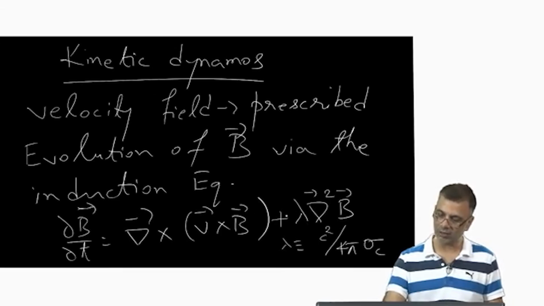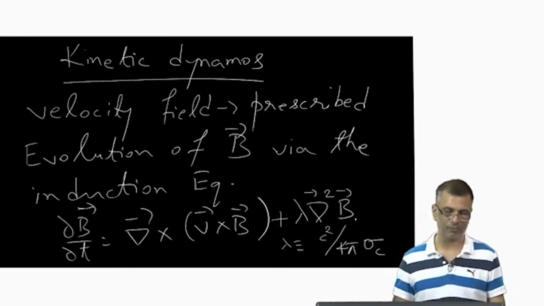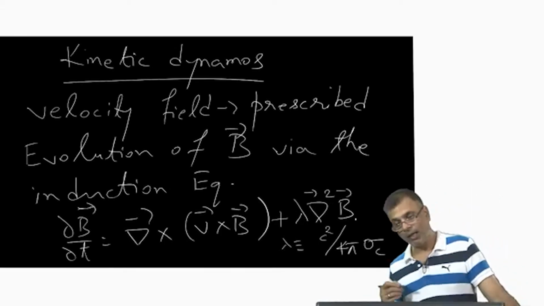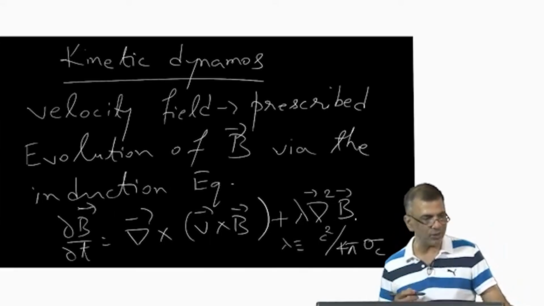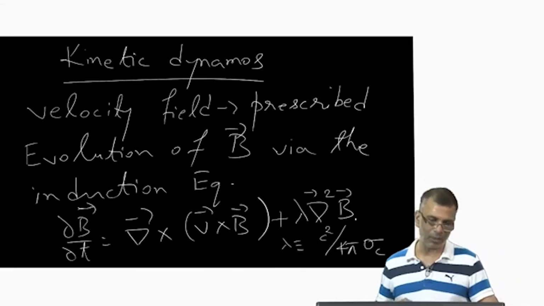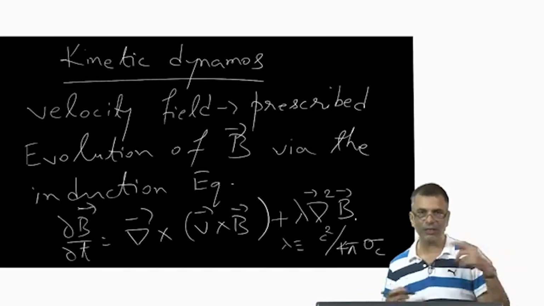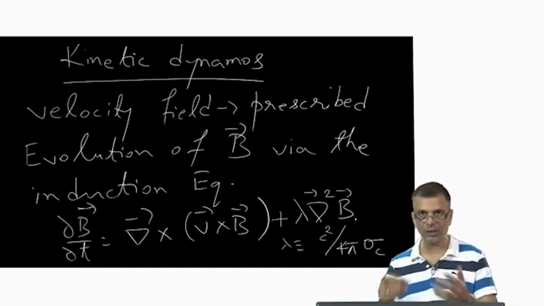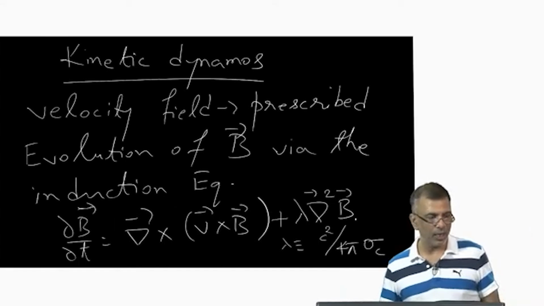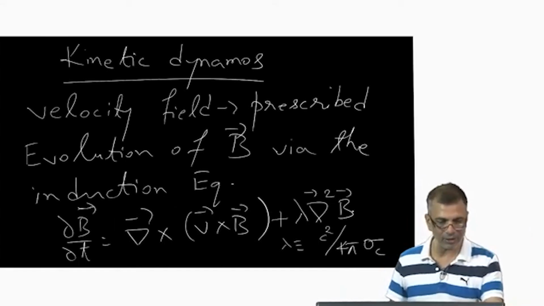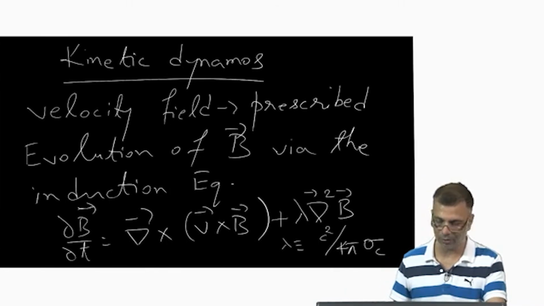So, this resistive term might well be small, but it is there. And remember, in the face of resistive decay, the dynamo has to somehow keep regenerating the fields, so that the fields do not just die away. And it turns out that this is a non-trivial problem.